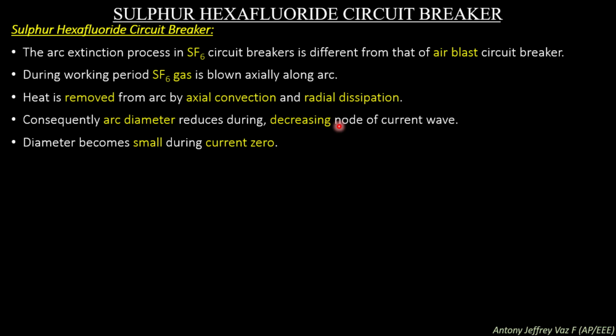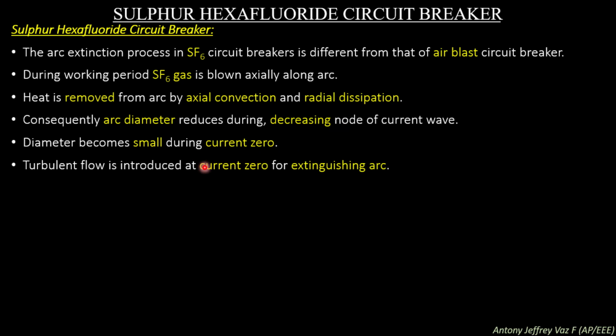The gas is a heavy dielectric material, and it helps to cool the arc as well as having a very high dielectric strength. At current zero, the arc diameter will be reduced to a very small extent.